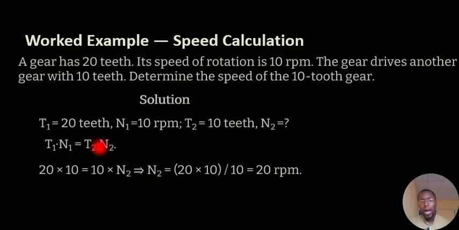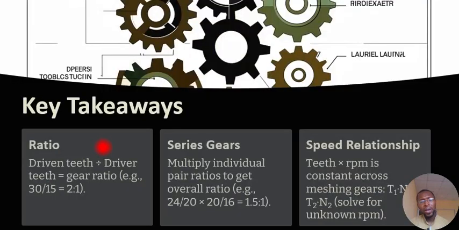So what is our key takeaway in this topic when we have talked about gear ratio and gear speed? In summary, gear ratio equals the driven gear number of teeth divided by the driver gear number of teeth. And when we have more than 2 gears in series, all we need to do is multiply the individual pair ratios to get the overall ratio.